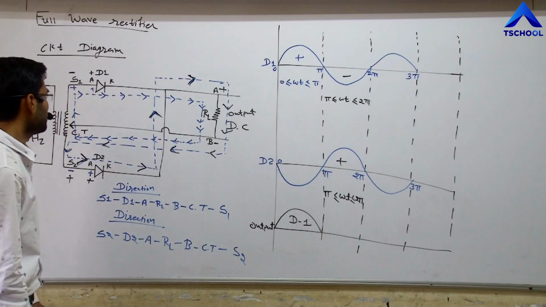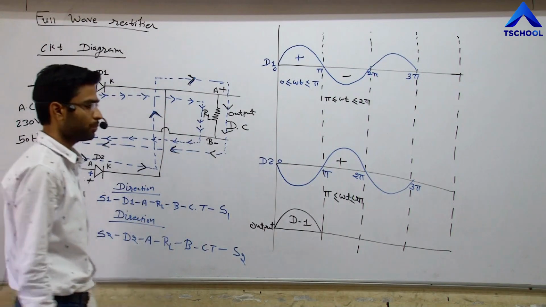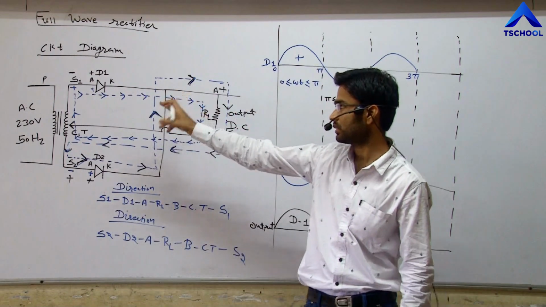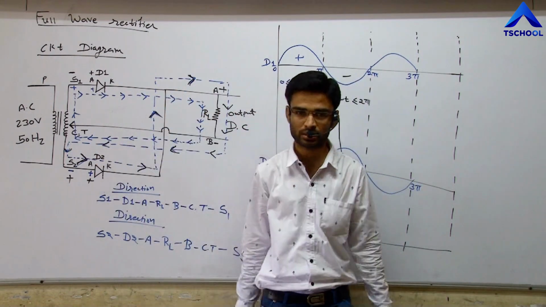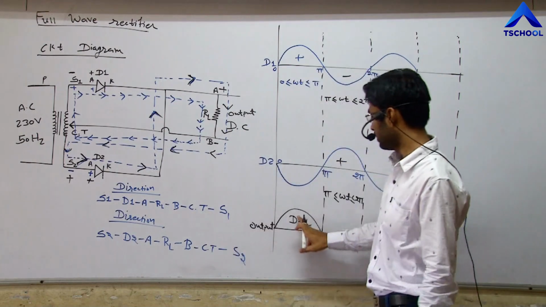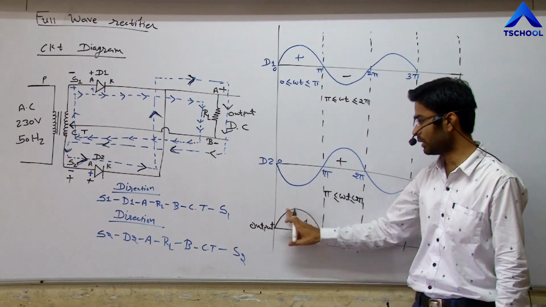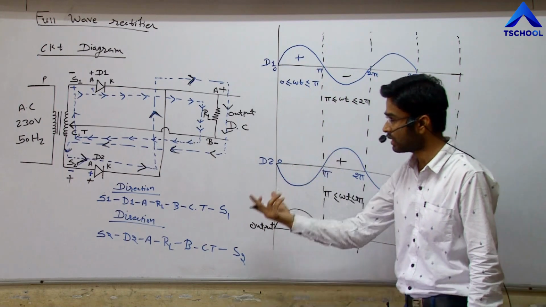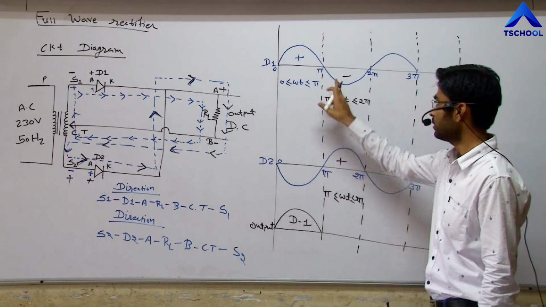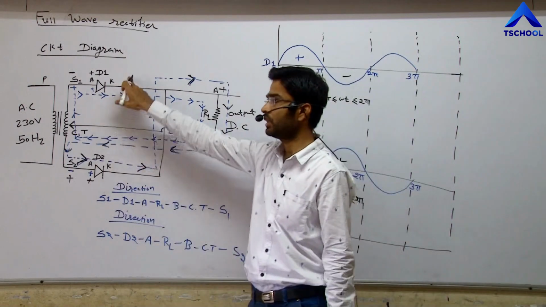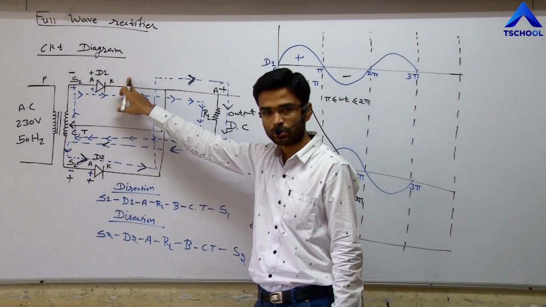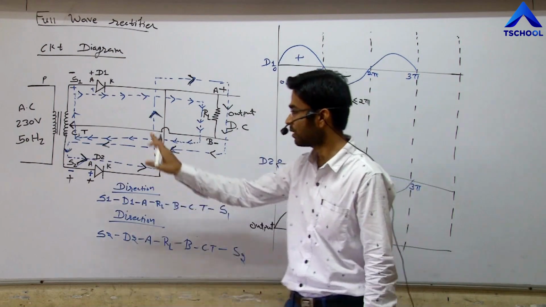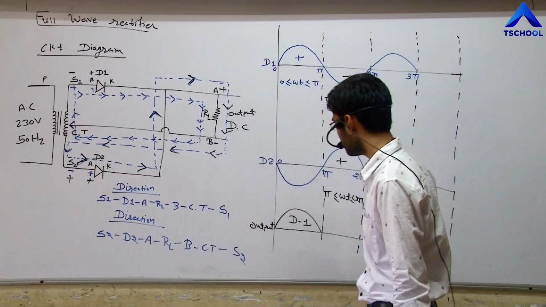Now, during the first half cycle, diode D1 is in forward bias and diode D2 is in reverse bias. We get the output because of diode D1. Now during the second half cycle, D1 is in reverse bias mode, blocking the current, and D2 is in forward bias mode, so current flows through it.